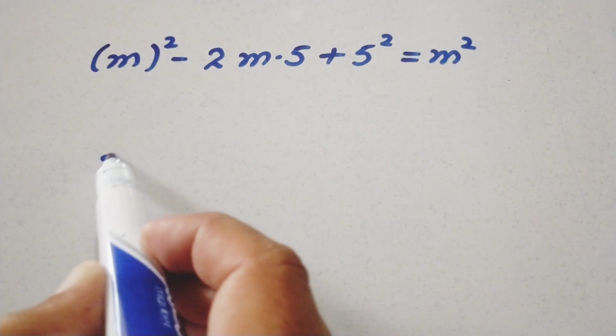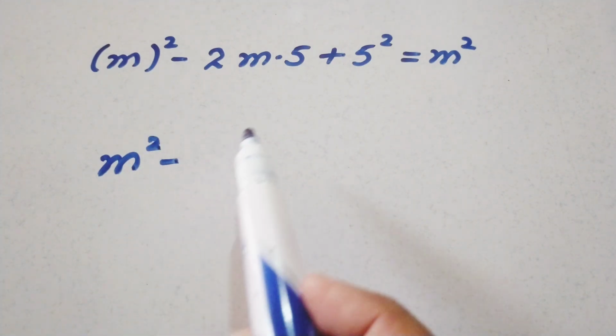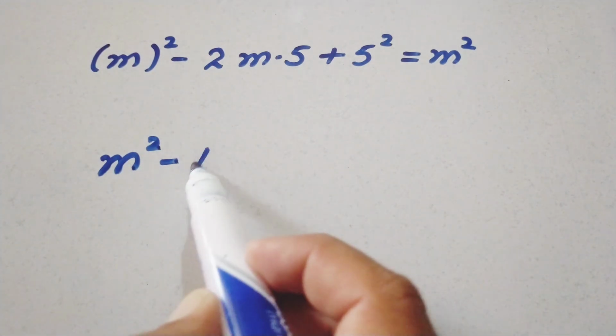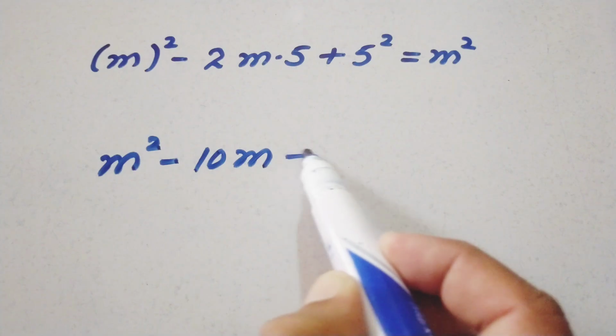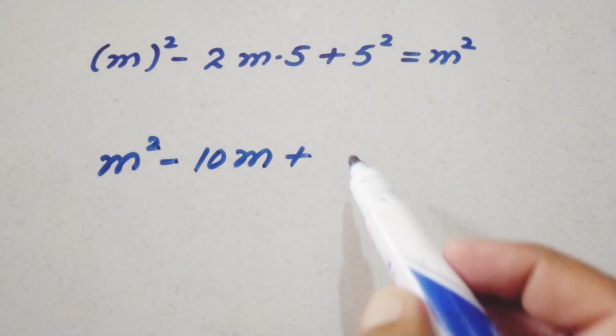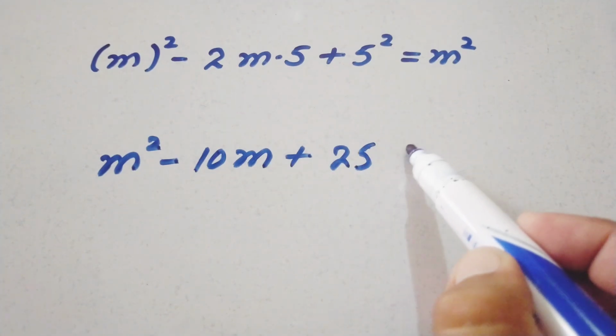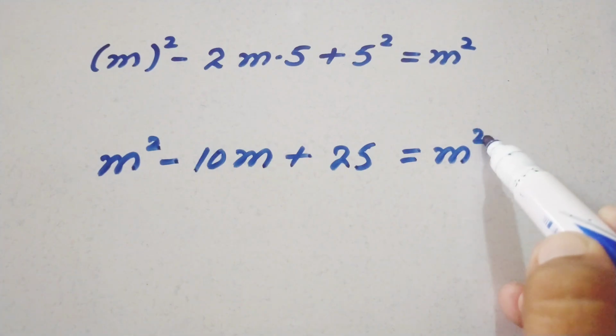So this will become m squared minus 5 multiplied by 2, we get 10m, plus 5 squared means 5 multiplied by 5, which is 25, is equal to m squared.